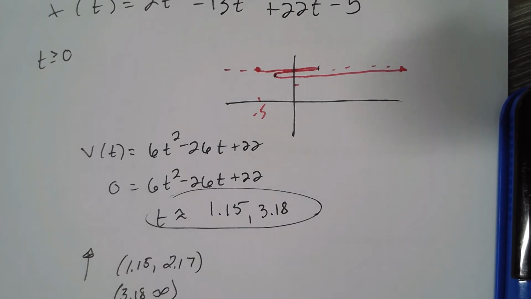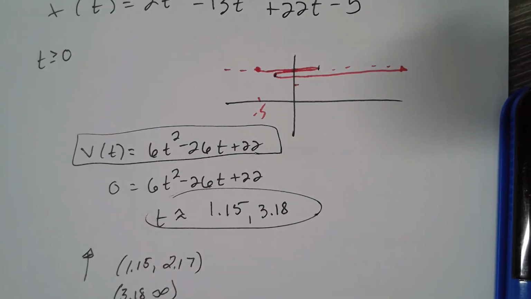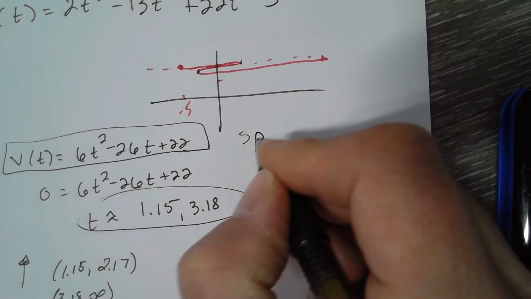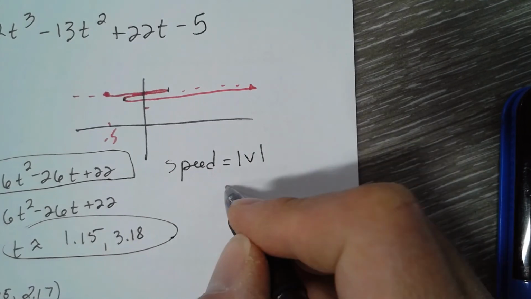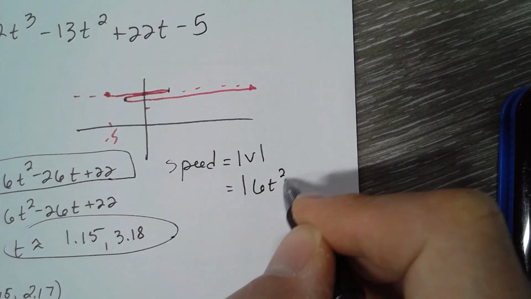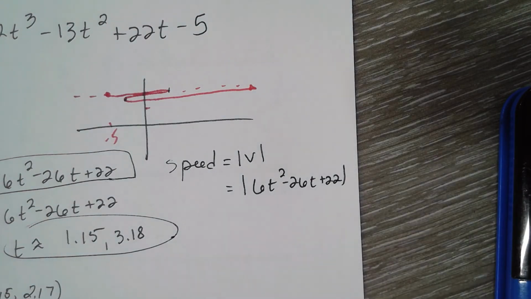Describe the velocity and speed of the particle. Well, velocity, we've already defined it to be this function right there. The speed, we said, is the absolute value of velocity, so that's our speed function.